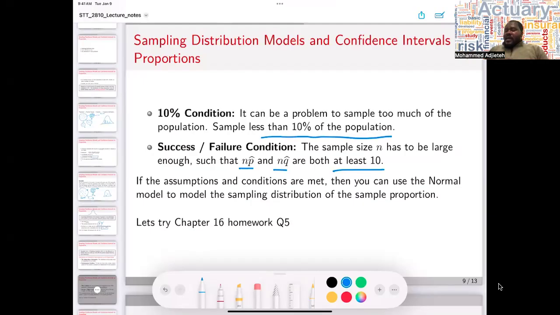If these conditions are met, then you can use the normal model to model the sampling distribution of the proportion. So to do that, let's try chapter 16, question 5.